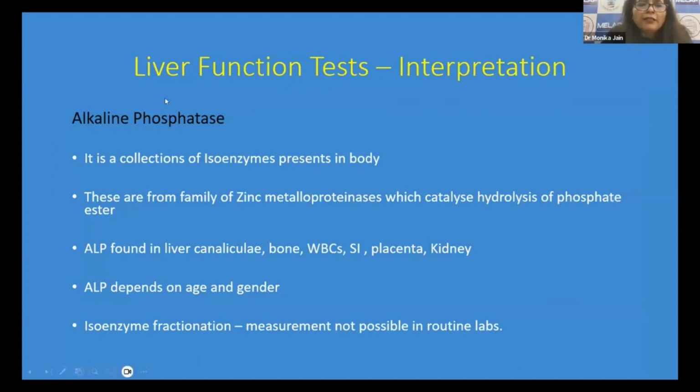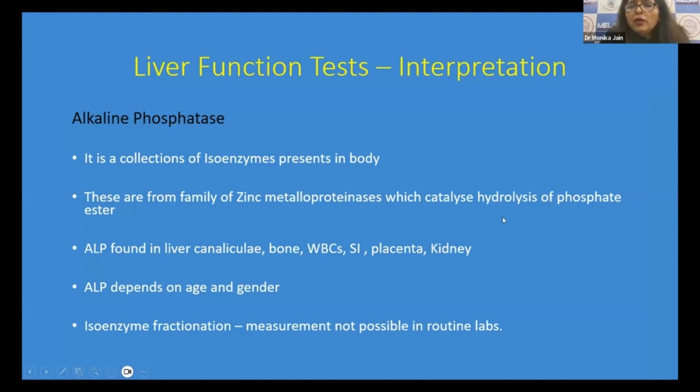What is alkaline phosphatase? This is a collection of isoenzymes which are present in our body. They form the family of zinc metalloproteinases, which catalyze the hydrolysis of phosphate esters. And ALP we find in liver canaliculi, bone, WBCs, small intestine, placenta, and kidney.